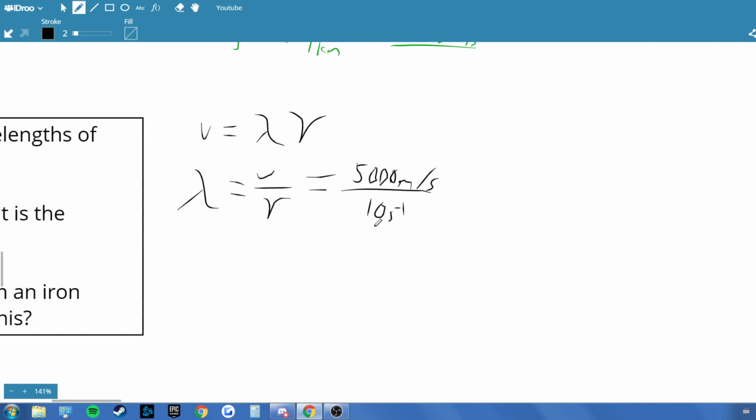And these are both per second, so we can cancel them out. And it'll leave us with 500 meters for our wavelengths.